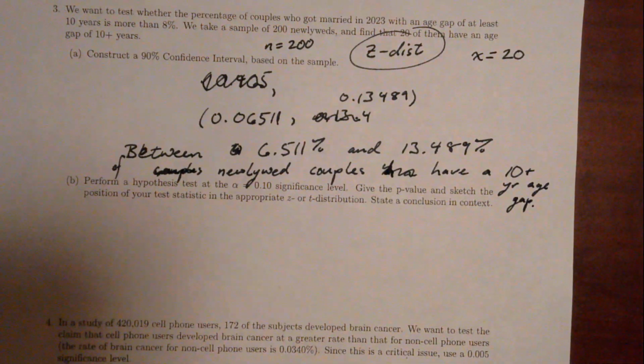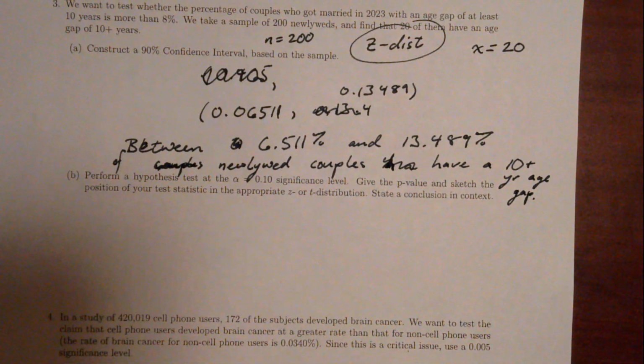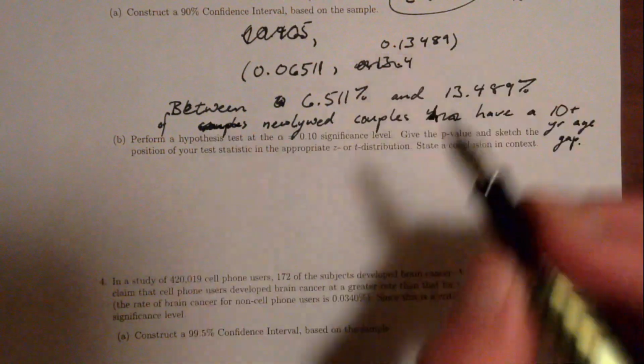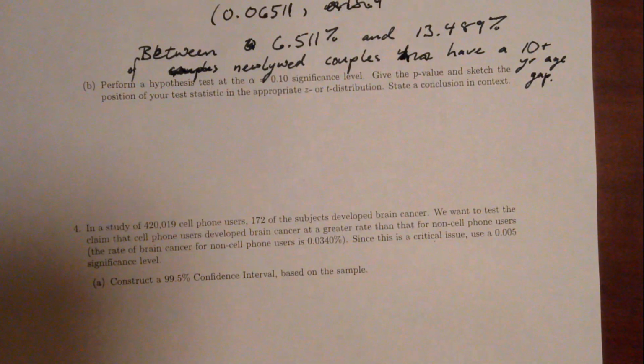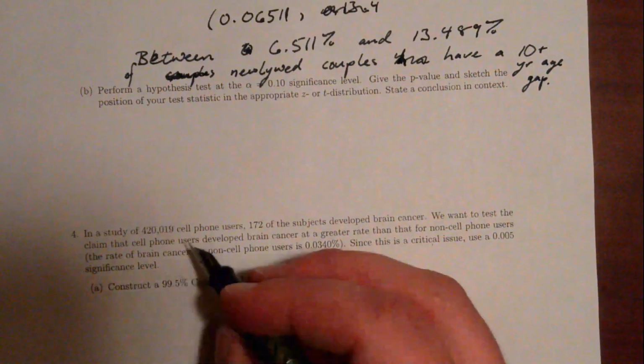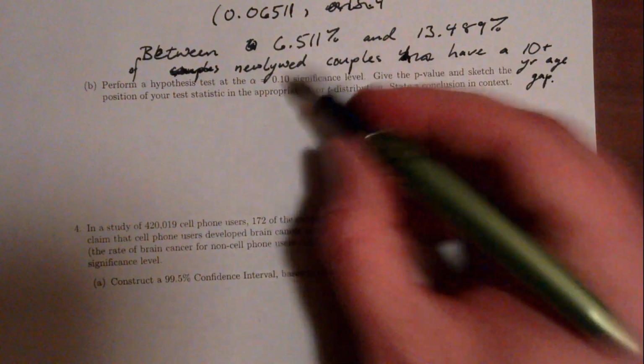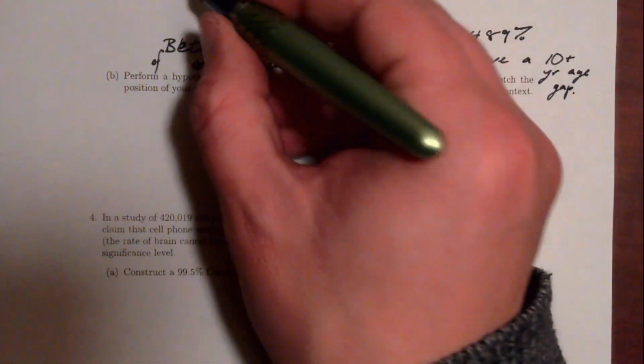All right, but let's actually do the test now. That's what we really want. And this was, again, 90% confidence, the confidence level you use when you're just doing something for fun. Okay, hypothesis test at alpha equals 0.10. So that's the corresponding significance level for that confidence level.